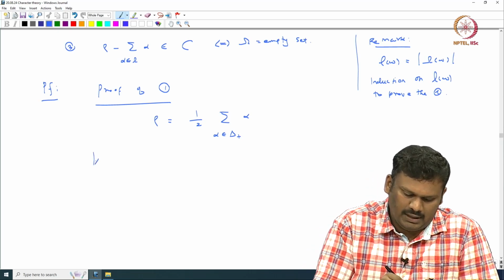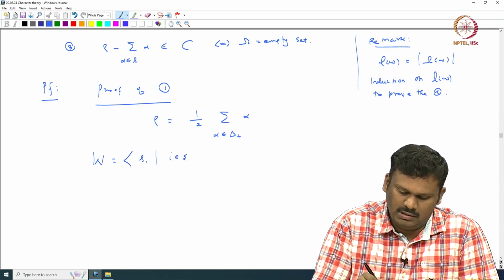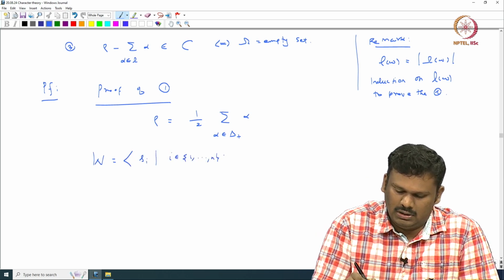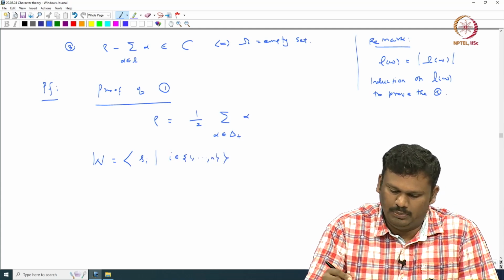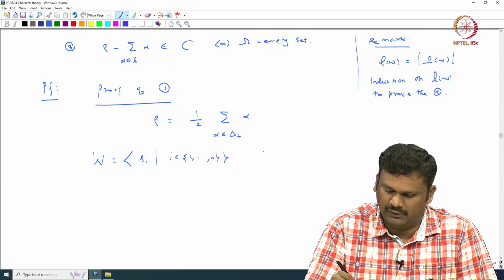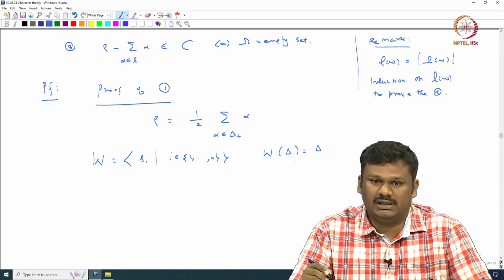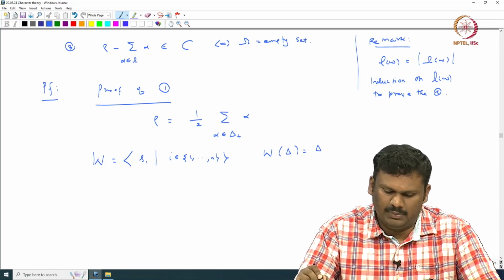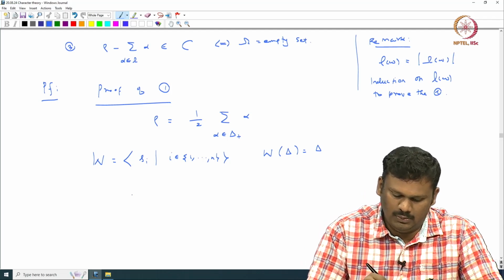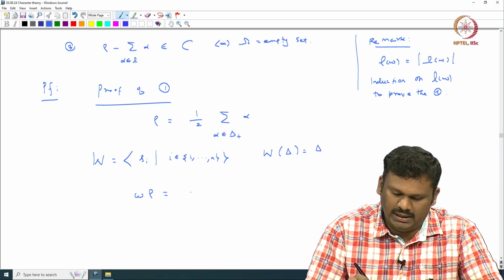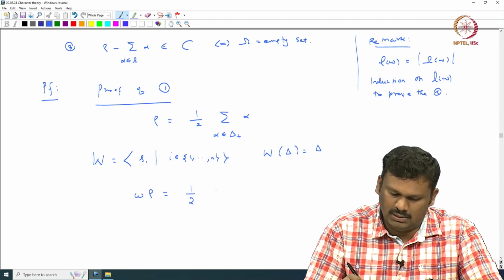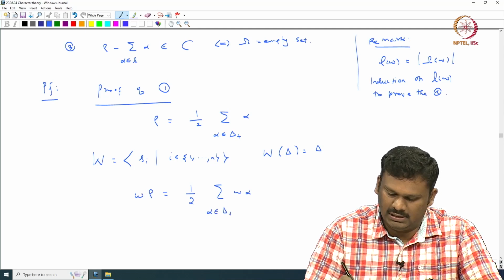So W actually permutes the set of roots. So W of delta is exactly delta. So if I take W of rho, this is going to be half times the summation of W alpha, alpha in delta plus.